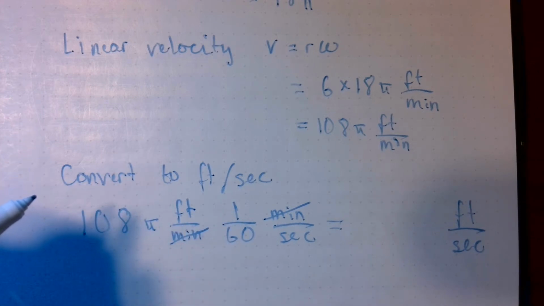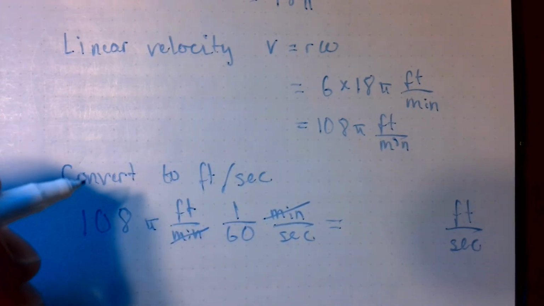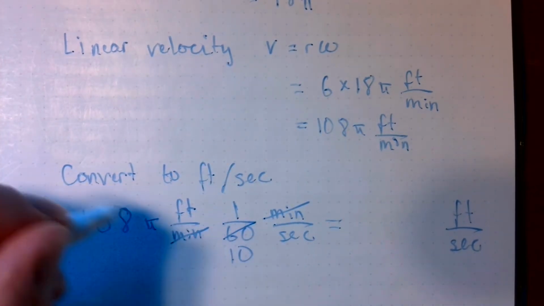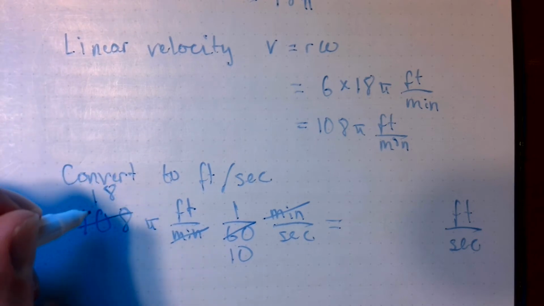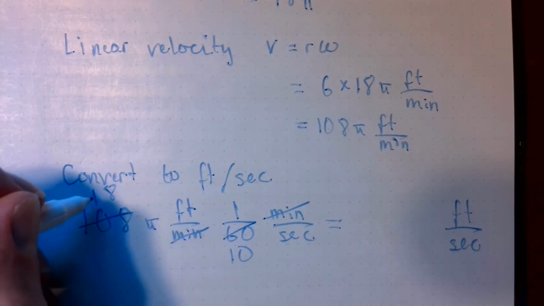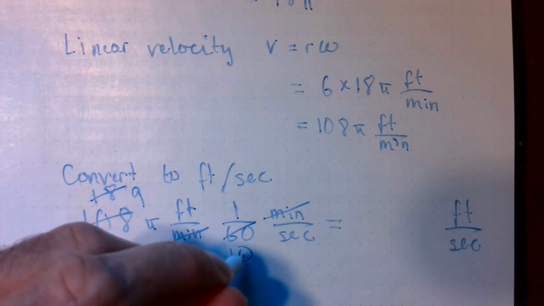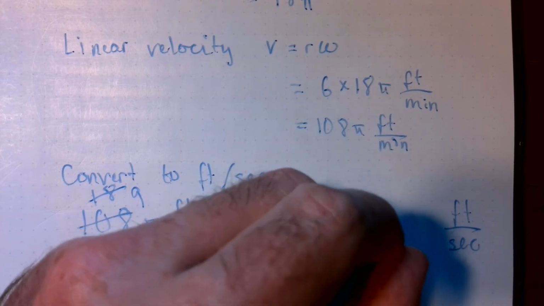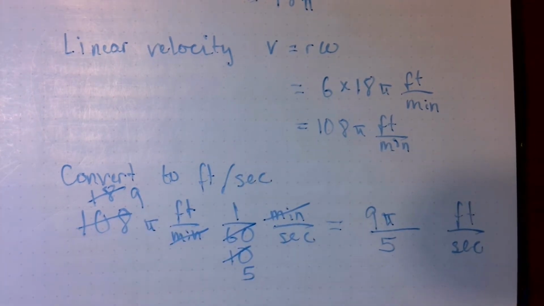Let me see here. Well, 108 is divisible by 6. We just saw that, so that's an 18. So 18 pi over 10. And then, of course, we can cancel even more. So 9 pi over 5 feet per second.